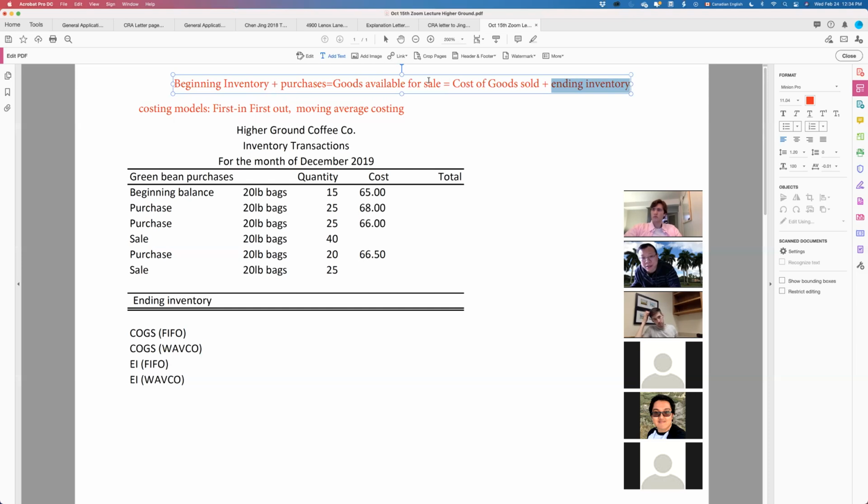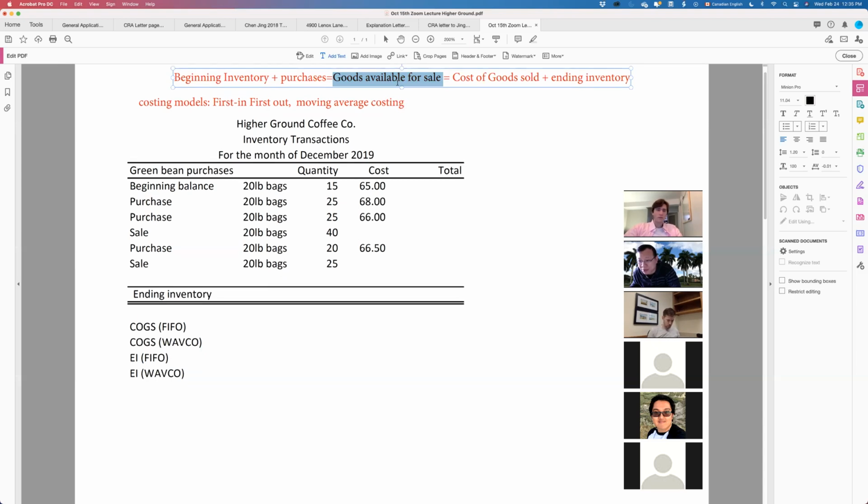The goods available for sale will not be affected by costing models, because you know how much you have in the beginning and how many you purchased. The total is the goods available for sale. It doesn't matter which costing model you are using, you should have the same goods available for sale.